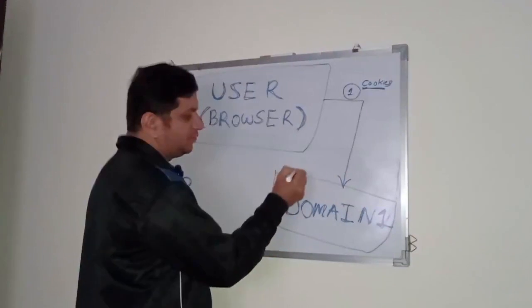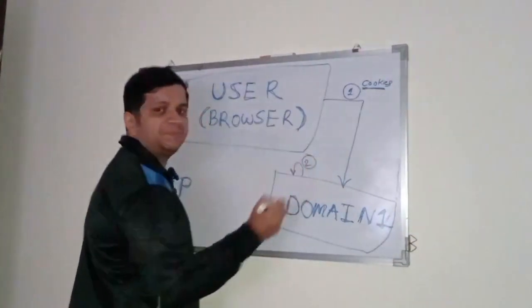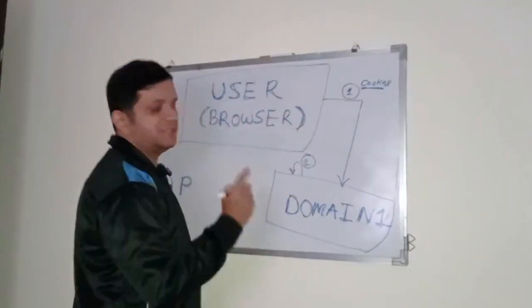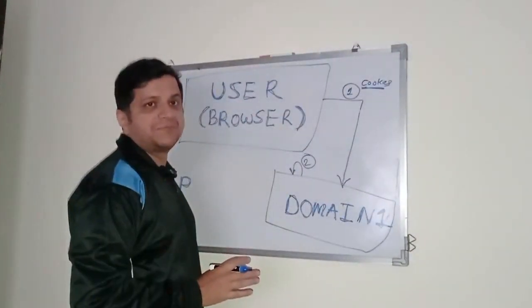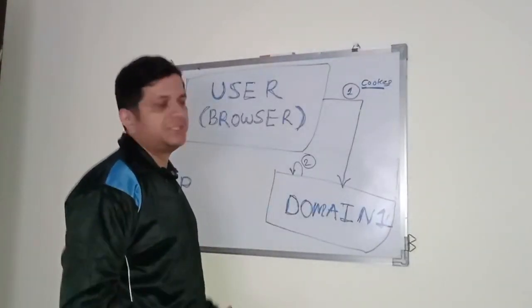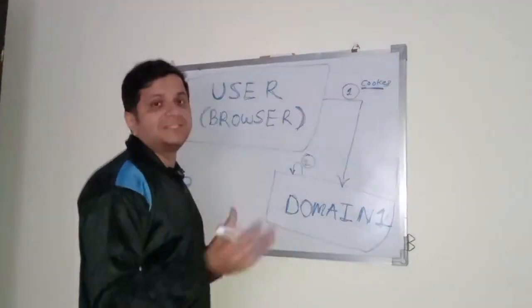In step number 2, something happens at domain 1. Domain 1 checks whether the cookie has IDP information. I mean, it checks whether the user is already logged in or not. Let's assume a negative case where the user hasn't logged in.